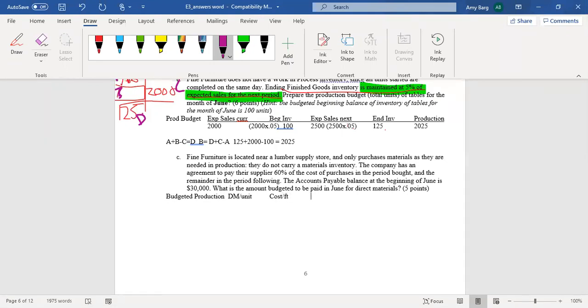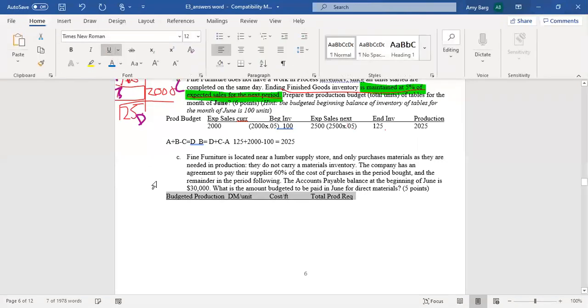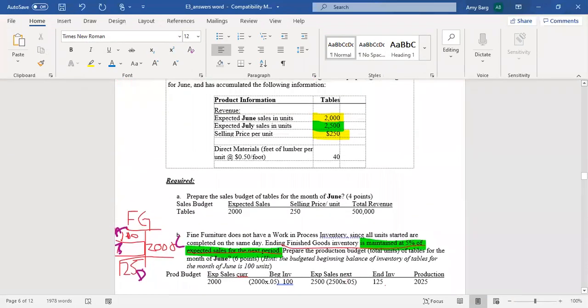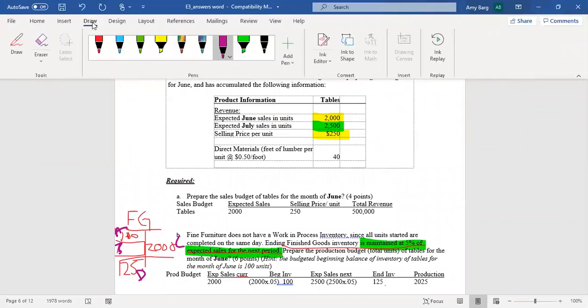And we're going to need to know the total product required. So this information is also up top. If we go up and look, we can see that we need 40 feet of material per unit, and it costs 50 cents a foot.